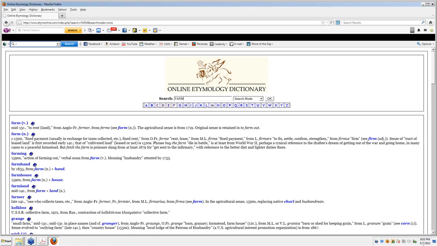Fixed payment, usually in exchange for taxes collected. Fixed rent. From Old French ferme, rent, lease. From Medieval Latin firma, fixed payment. From firmare, to fix, settle, confirm, strengthen. From firmus, firm. The sense of tract of leased land is first recorded early 14th century.